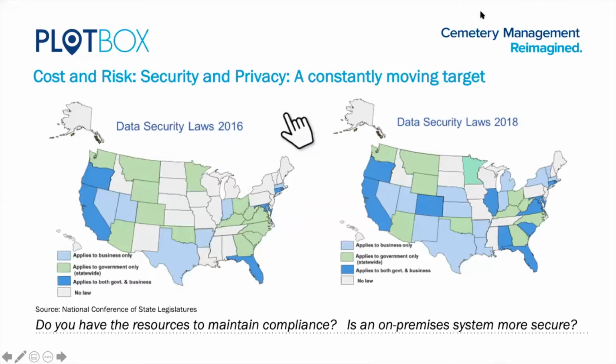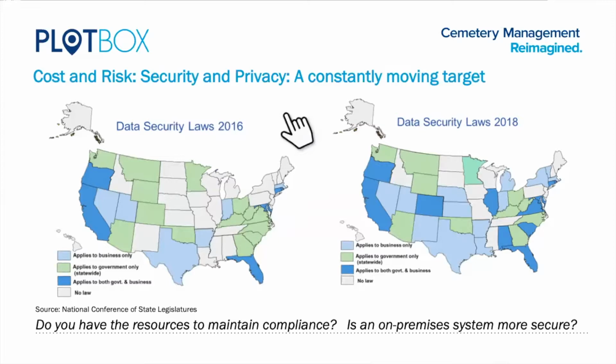Some of the examples that we'll often use: the state of California has the California Consumer Protection Act, which is taking effect in January of 2020. It is very, very rich in terms of requirements for how you handle security on your data. Now, in the cemetery world, we're going to say, well, we've only got dead people in the system. It doesn't matter. In a lot of cases, that really isn't true.